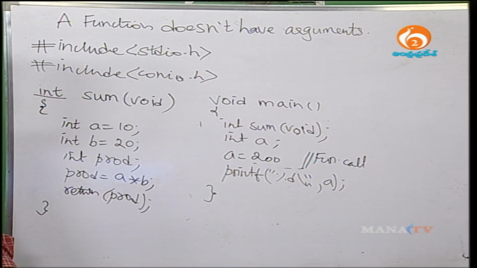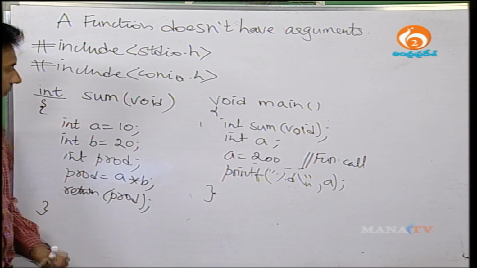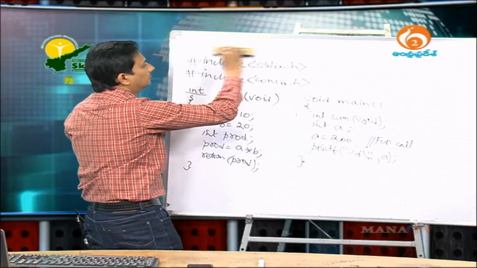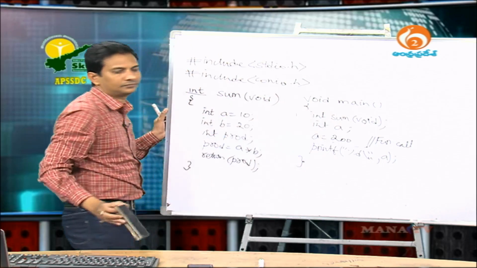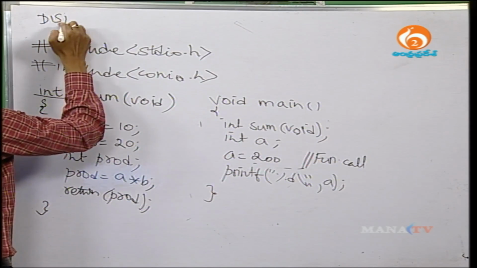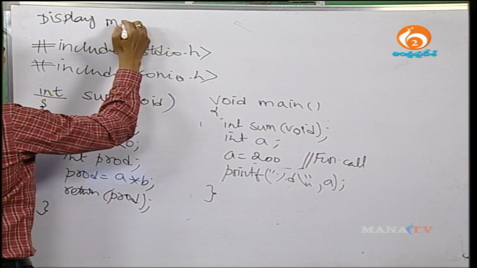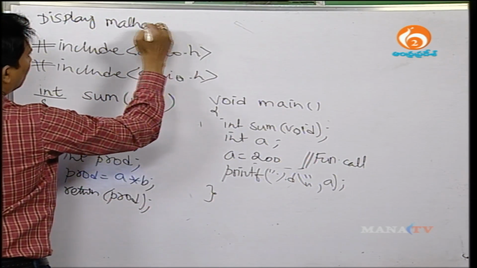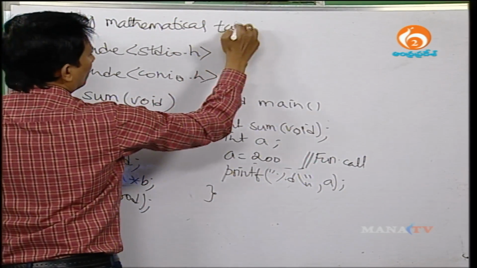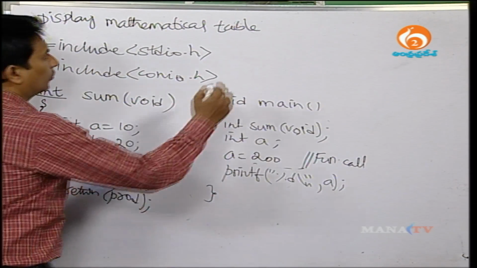Okay. Next we write one more program, to display a mathematical table for a given value. So, we are going to write one program. Another example for this one is: display mathematical table for a given value.